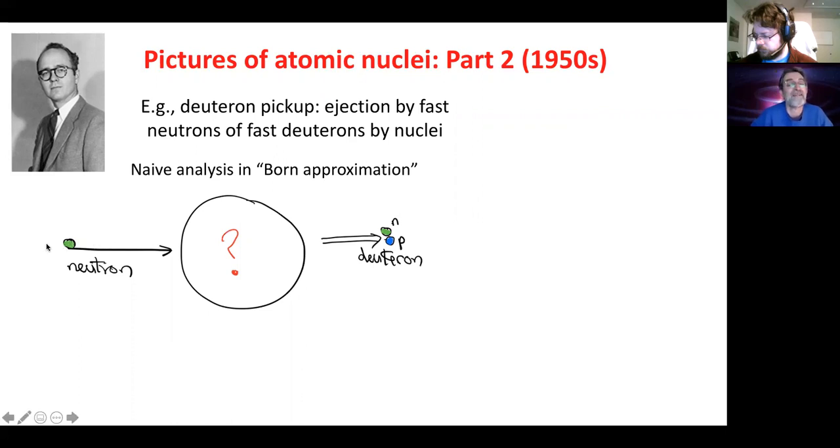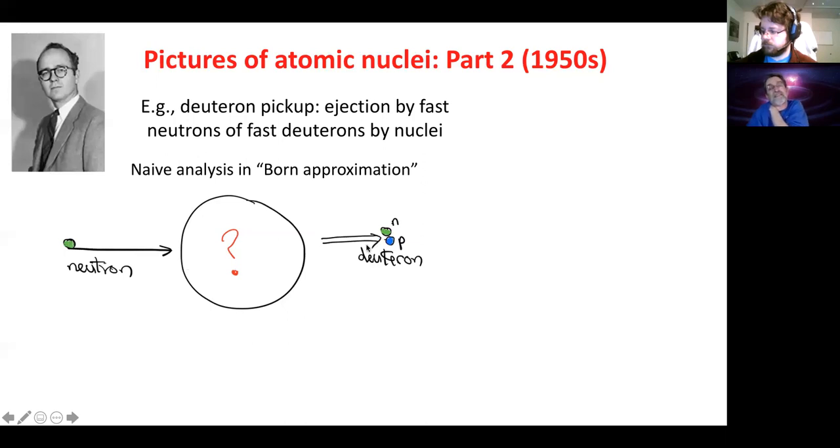And the idea was they shot in neutrons at high energy, fast ones. And a lot of the time, deuterons came out. So a deuteron is a bound state of neutron and proton, and it's only just barely bound. It's bound by 2 MeV as opposed to this 100 MeV.